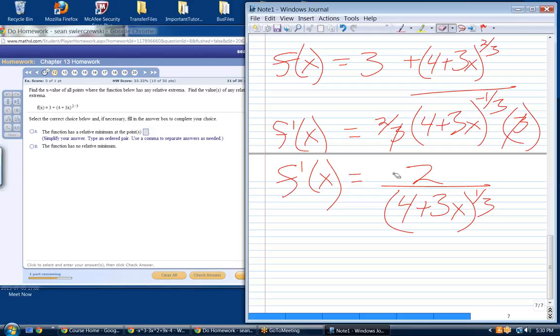Only way this thing can be 0 is if its numerator is 0. And since there's no variable in the numerator, there's no value of x that makes f prime 0. Okay? But there's still other values of x that give us great difficulty. What is one of them? It's whatever makes the denominator 0. What is going to make the denominator 0?